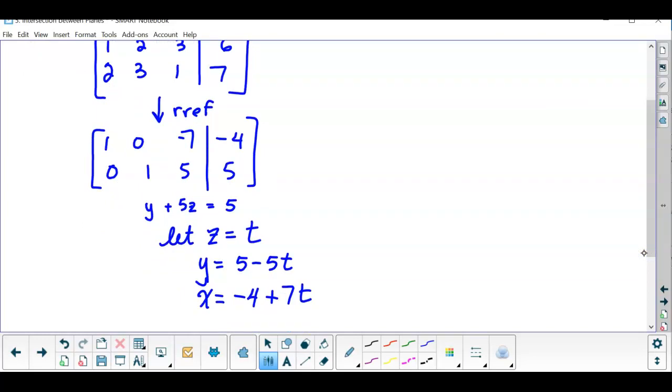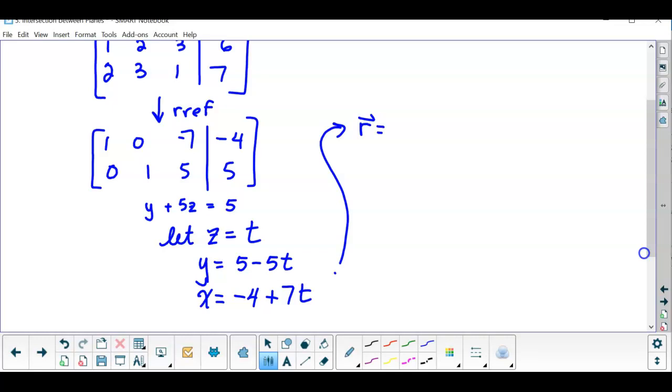If you were to leave it like that, that's not really great because it's not in order. You could leave it like this, but rearrange it so it's x, y, and z. What I would prefer is to put it into a vector equation.